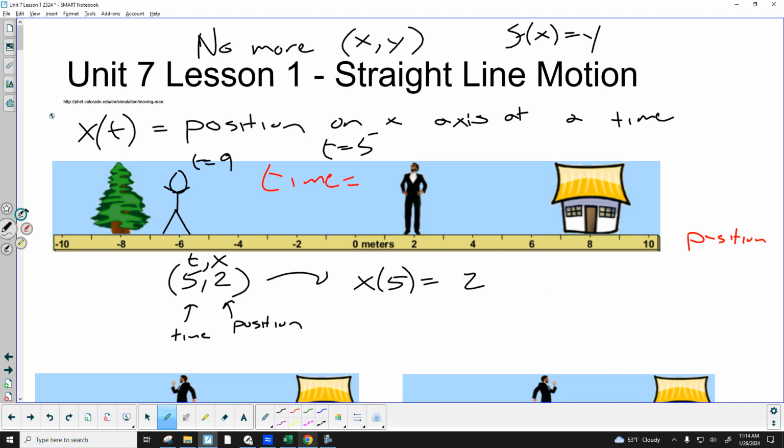Okay, when time is 9, my position is -6. When time is 9, my position on my x-axis is -6. X of 9 equals -6. Okay, cool.